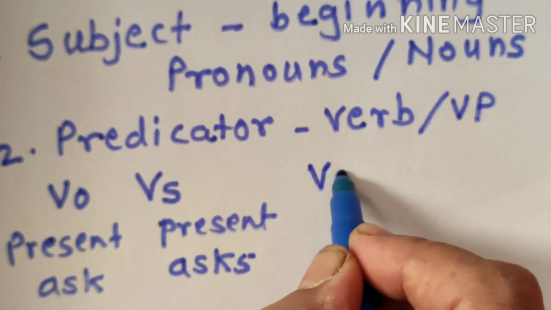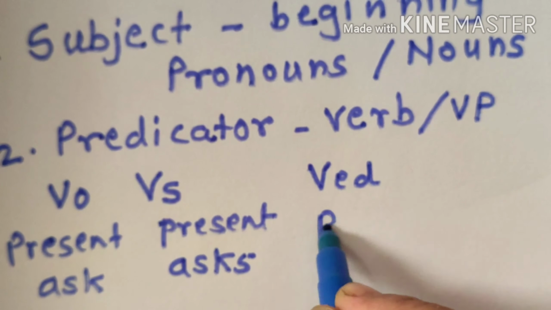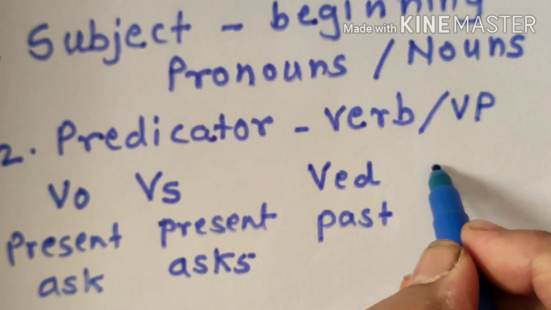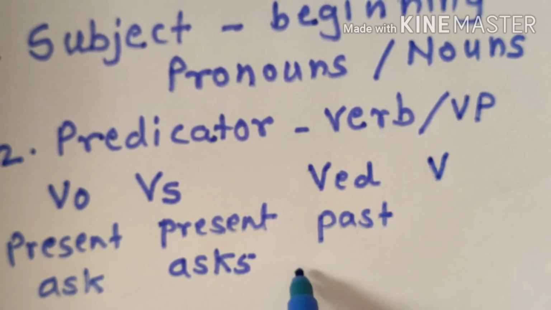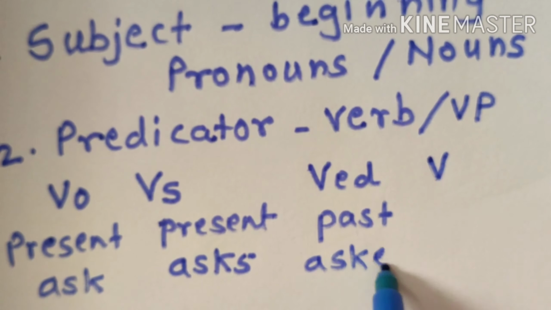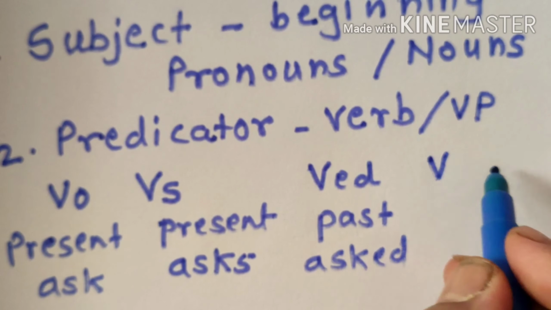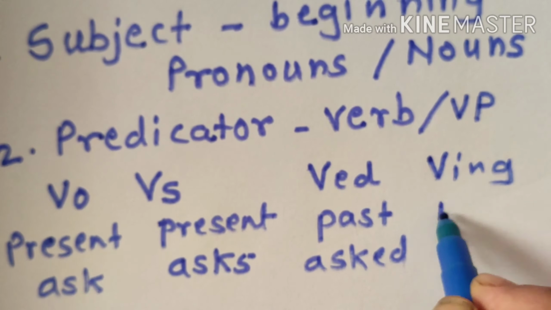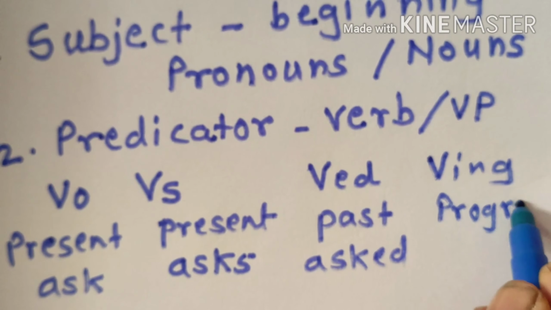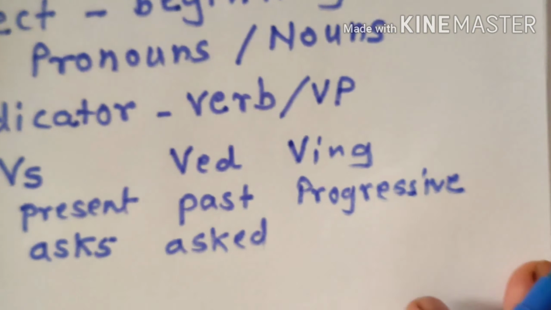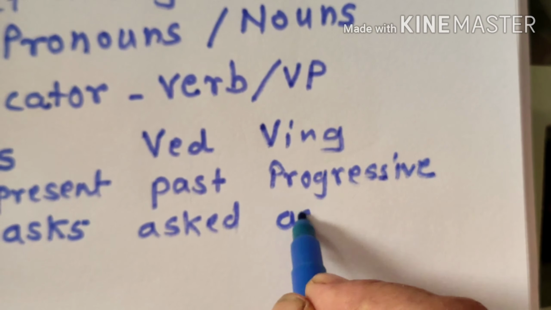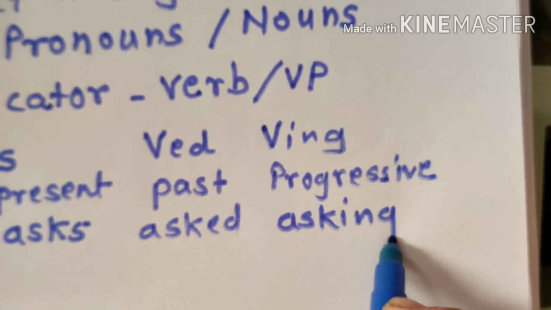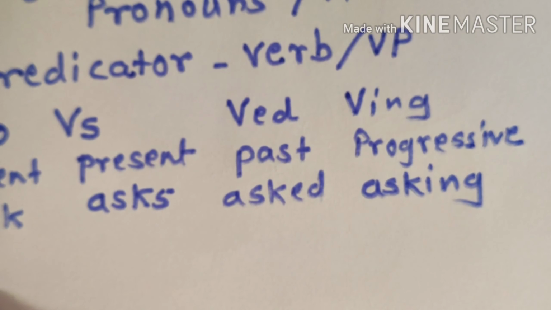Then we also have the past tense form, that is called VED form. You can take this example here, asked. VING form, that is the progressive form of the verb, progressive tense, for example, asking. And finally VEN form.